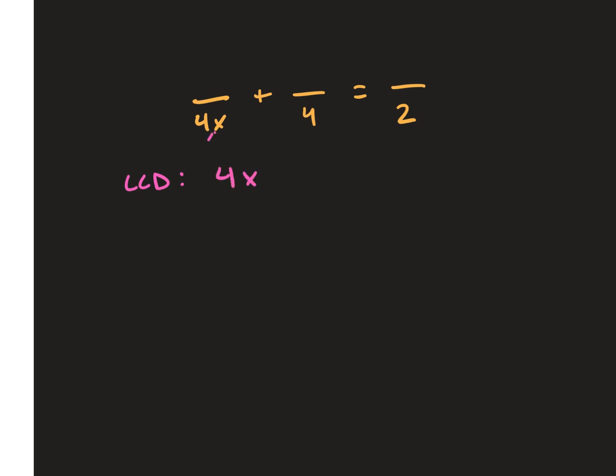So 4x, our factors are, let's break it down. We have 4 and x, and what are two factors of 4? 2 and 2, and x. So we have to include everything from the first. So 2 times x. What are factors of 4? 2 and 2. I already have a 2, so I don't have to relist that one. And I already have a 2, so I don't have to relist that one because I have a 2 there and a 2 there.